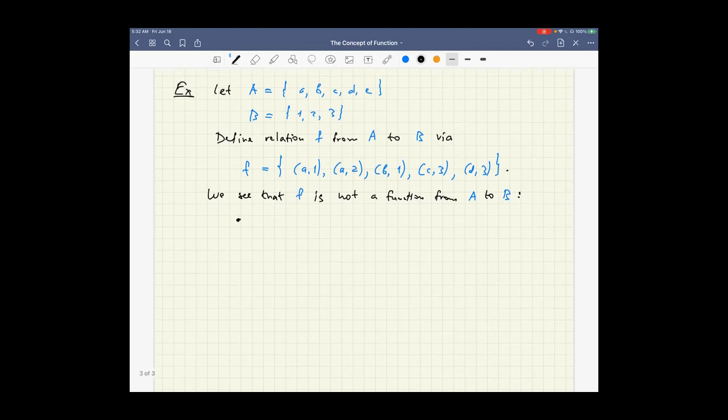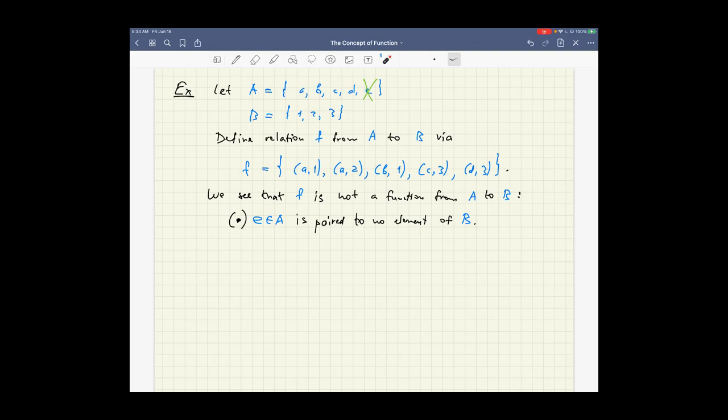One problem is the element e of the set A corresponds to no element of B. In other words, f is not defined at e. e in A corresponds or is paired to no element of B. You may think this is a minor problem because I could just forget about e altogether and consider the set {a, b, c, d}. But even then, f wouldn't be a function from A to B.